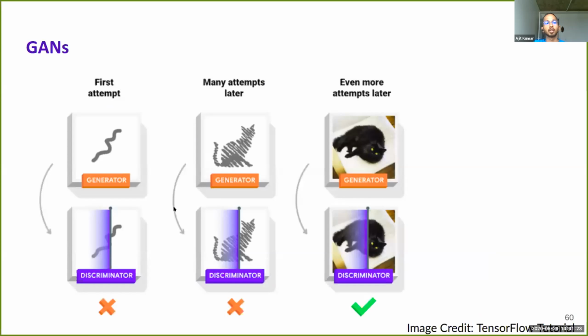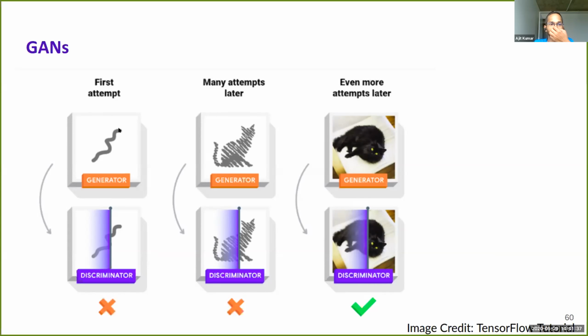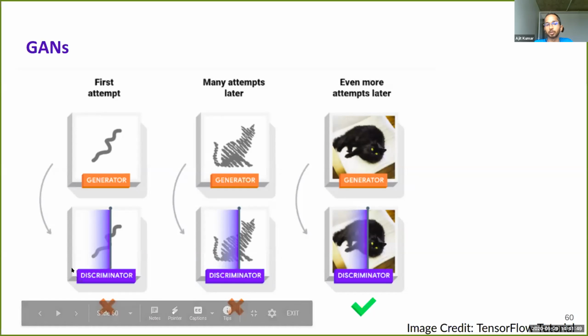Let's say these are our two networks. One of them is a generator, the other one is a discriminator. When we start to train both of these networks, here the objective is to generate cat images. The generator initially has not learned anything, so it will just give us a random output, and the discriminator would say that this is not a cat image.